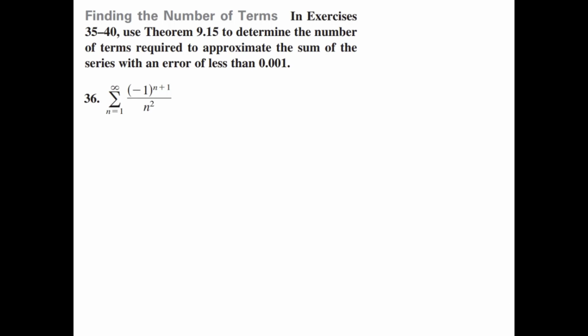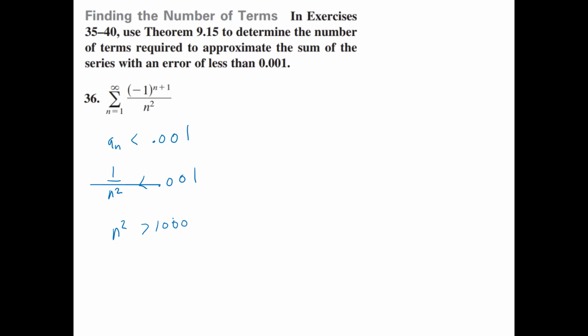So we're trying to figure out n so that a_n is less than 0.001, and your a_n is given by the formula 1 over n squared. You want this to be less than 0.001. As we've done earlier, we can flip both sides of this inequality. So 1 over n squared less than 1 thousandth means n squared needs to be more than 1,000.